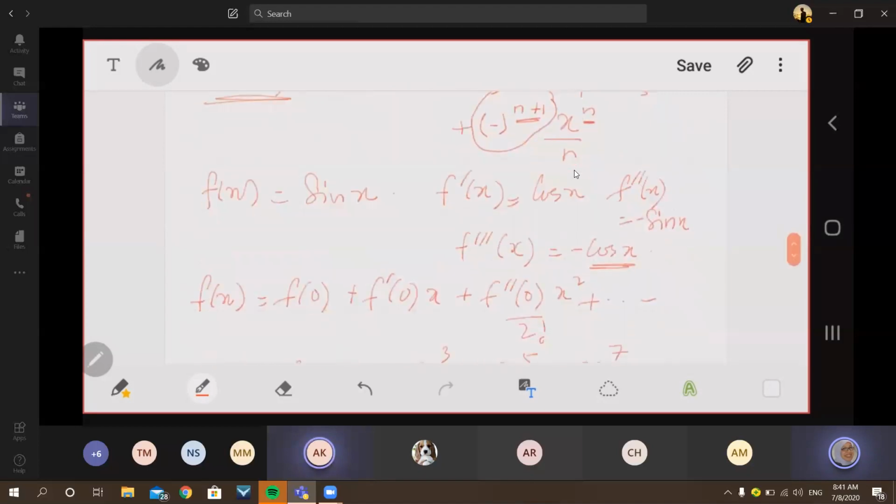From here, we just put x is equal to minus x.